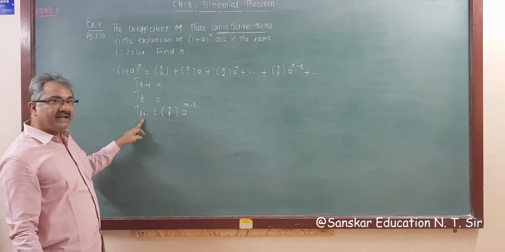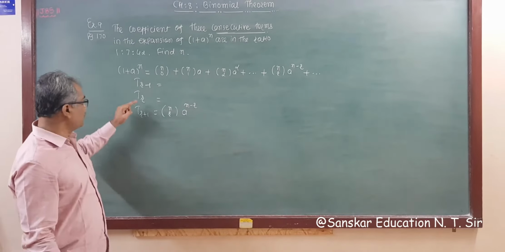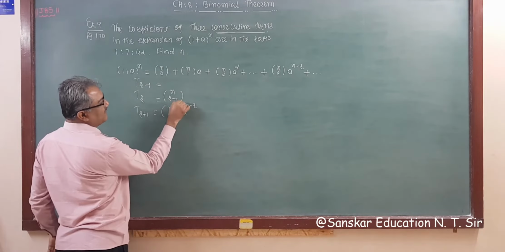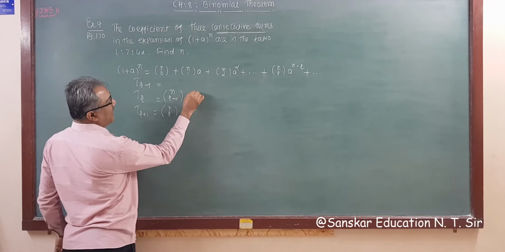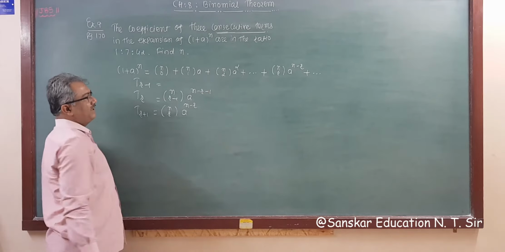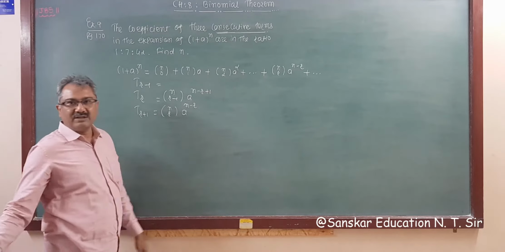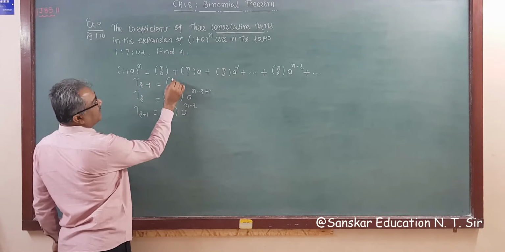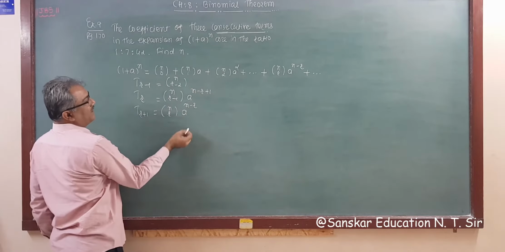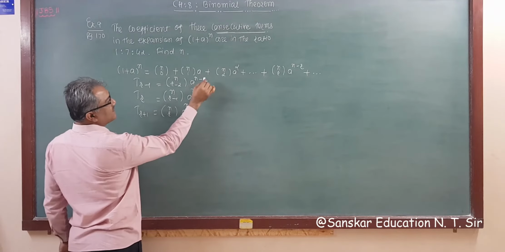So if we take the term r+1, then for 1 less we subtract 1 from r. So if we take T(r), then 1 r less, that is nC(r-1) a^(r-1), and for the one before that, nC(r-2) a^(r-2).